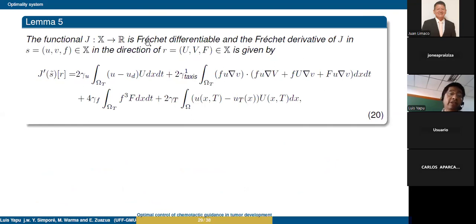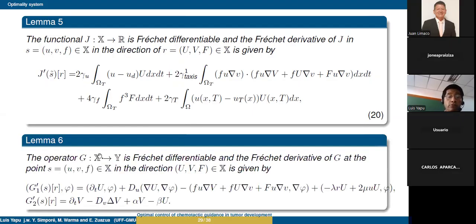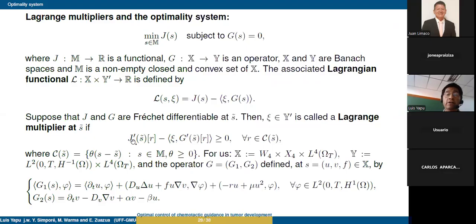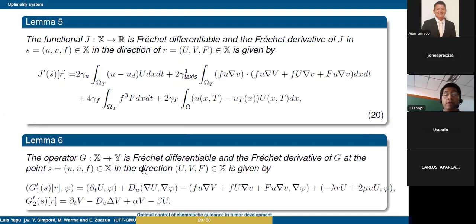So we compute the derivative of our functional, the directional derivative, in this case really the Frechet derivative. This is the expression, a computation. We also need to compute the derivative of the operator G, because in the definition of the Lagrange multipliers we need the derivatives of J and G. Those are our computations. Now we have both derivatives.